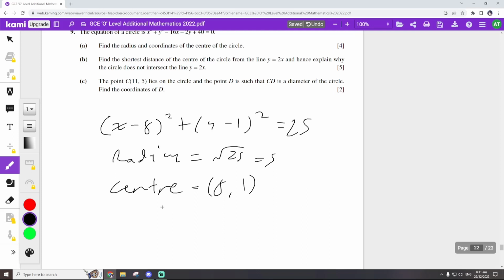Find the shortest distance from the center of the circle to the line y equals 2x. Explain why this circle does not intersect the line.